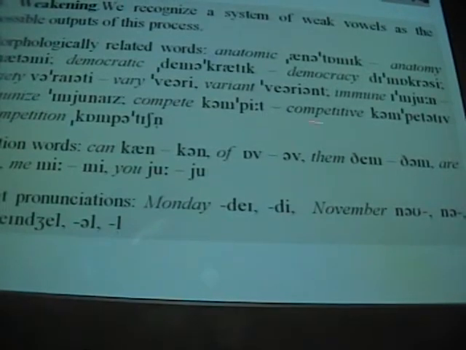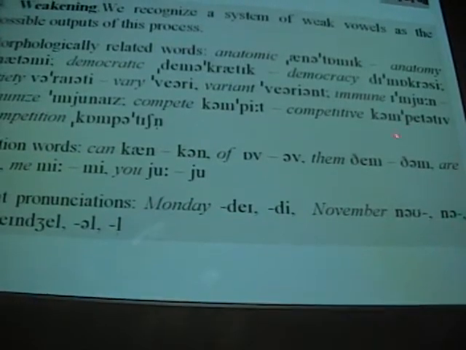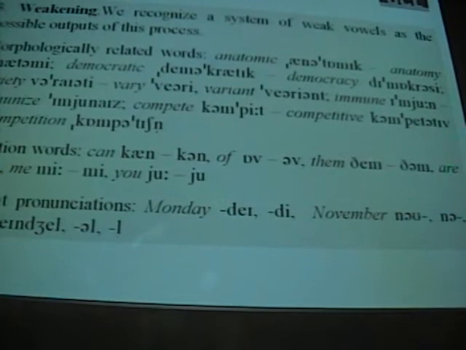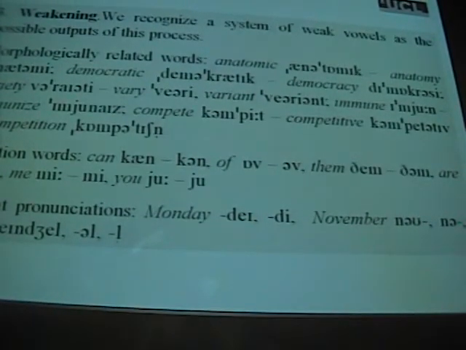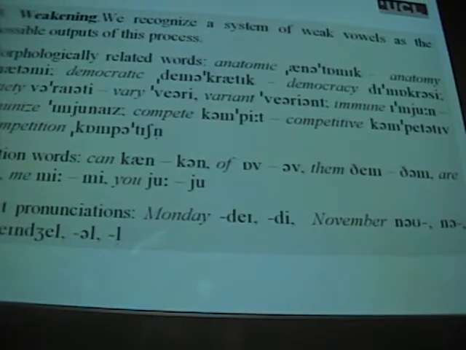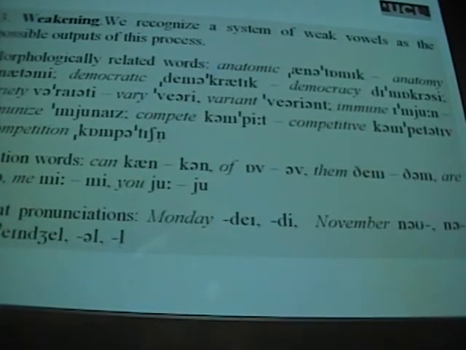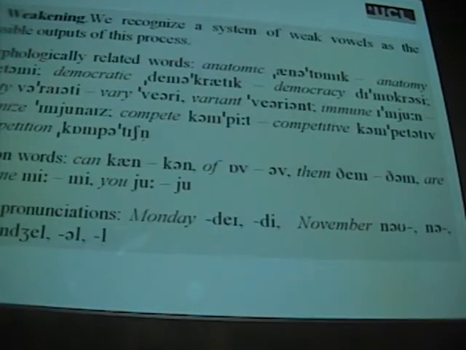Because in many related words, there's also a relationship between strong long vowel, strong short vowel, I should say, and weak vowel. Most dramatically, we see this in the function words. And I expect you know about this, and your teacher will certainly make you practice them. We have 30, 40 function words, words that have weak forms.